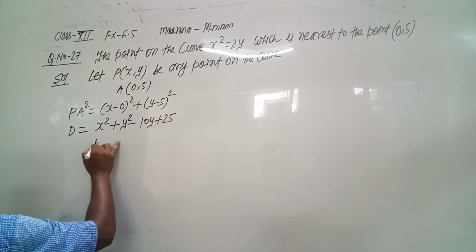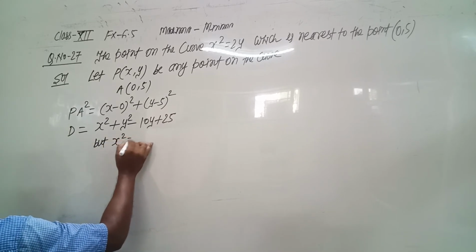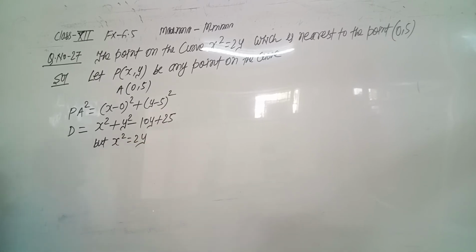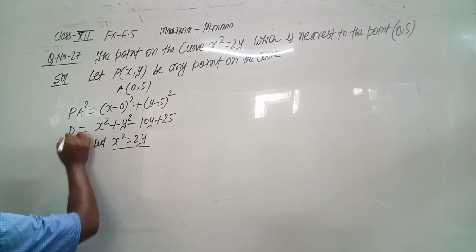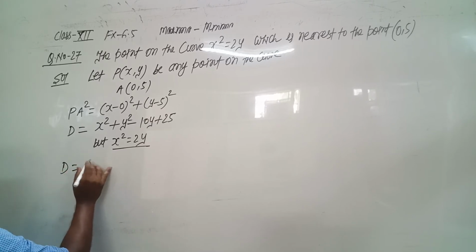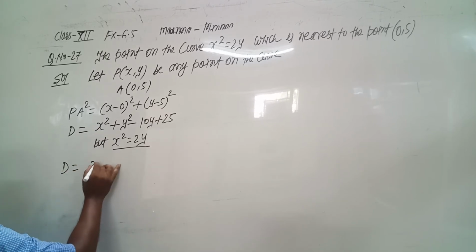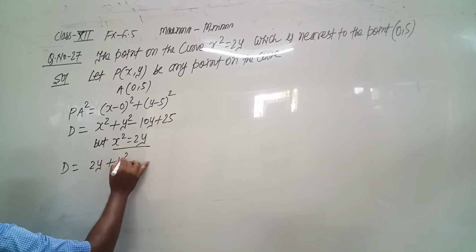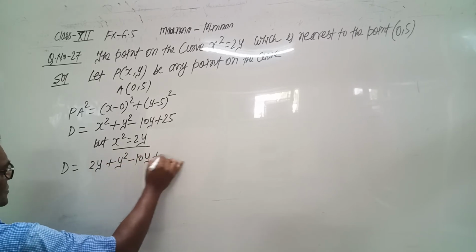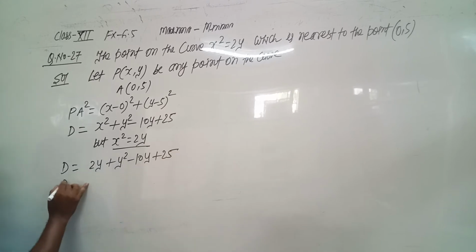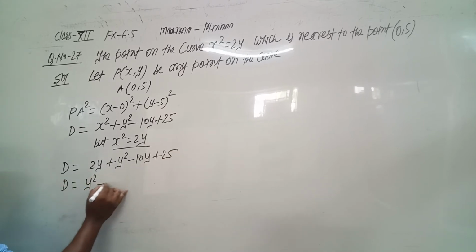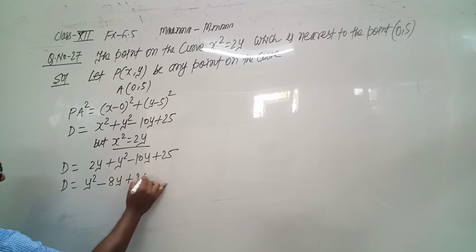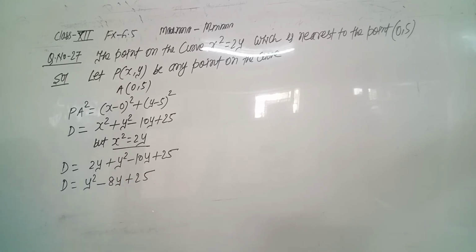Now we have been given x² equals 2y, so we put the value of x² equals 2y in this expression. So we get 2y plus y² minus 10y plus 25, and d equals y² minus 8y plus 25. We get the expression for d.